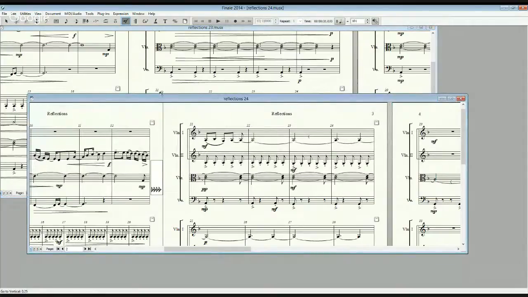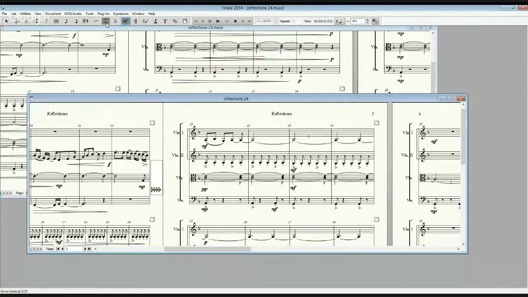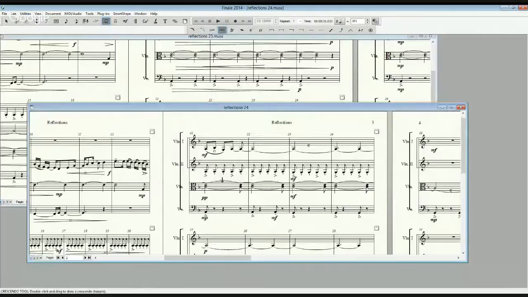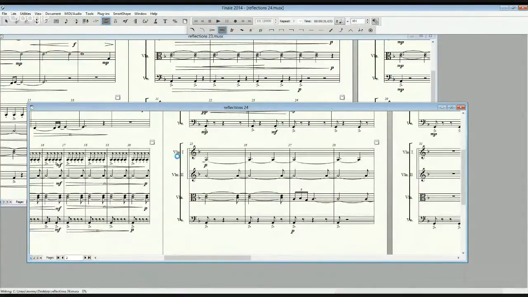That's a 14. Crescendo, crescendo. This crescendo, and this crescendo. Yeah.